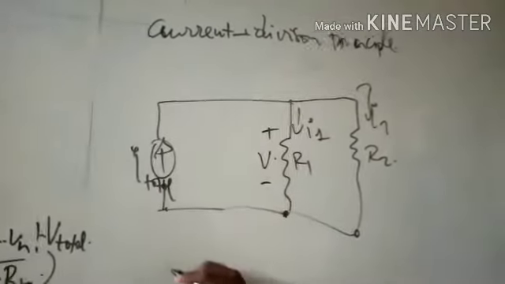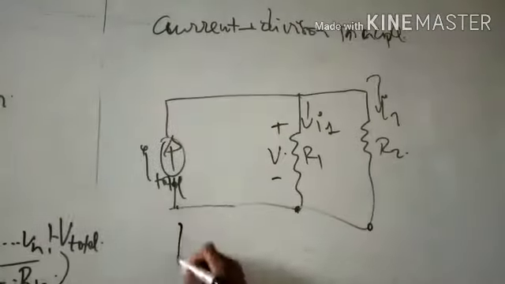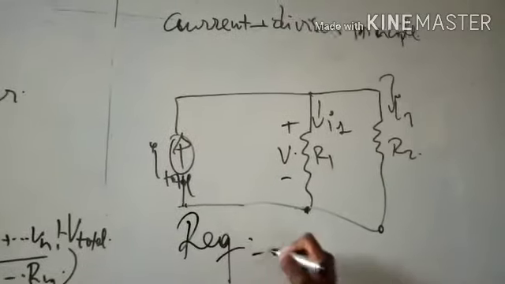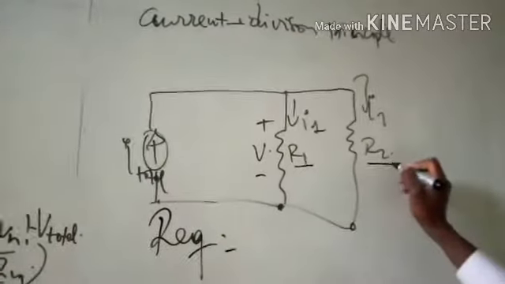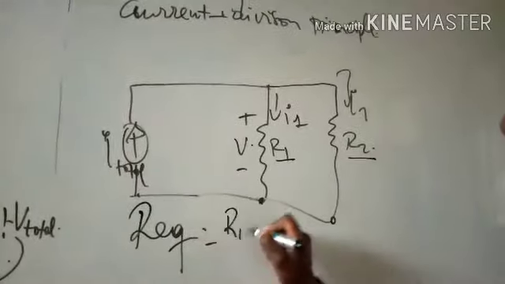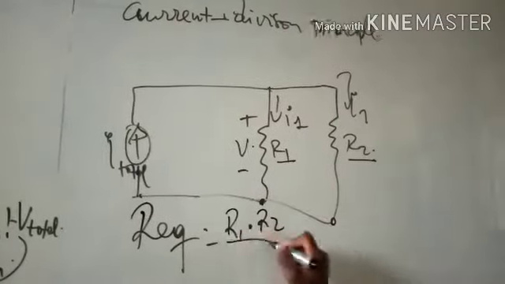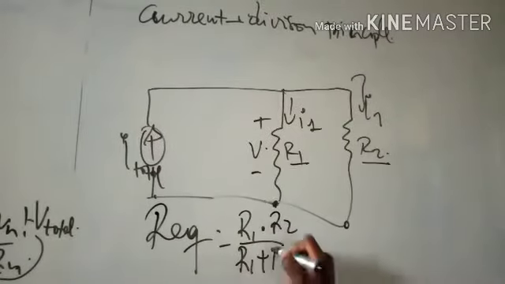Then how can we do it? We know that the R equivalent in parallel, with this R1 and this R2, is equal to R1 times R2 over R1 plus R2.